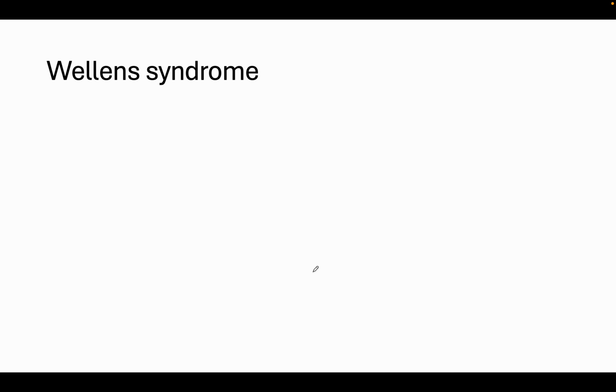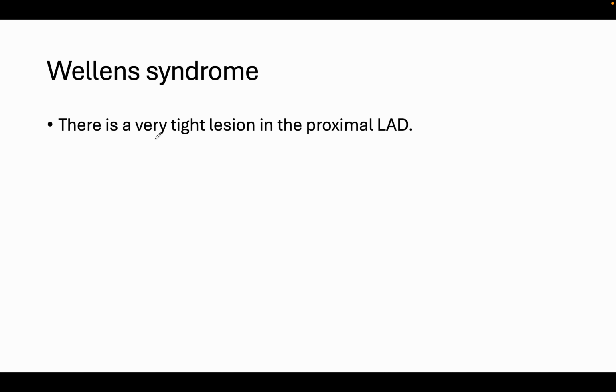So what is Wellens pattern, or also known as Wellens syndrome? Well, Wellens syndrome is basically a specific ECG finding that you find if there's a really tight stenosis in the proximal left anterior descending, the LAD, that supplies the anterior myocardial territory. So there's not a blockage, but it's an extraordinarily tight lesion that will probably become blocked very soon. You get two patterns.